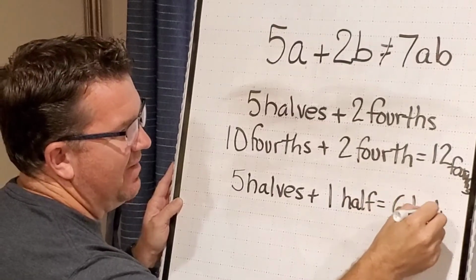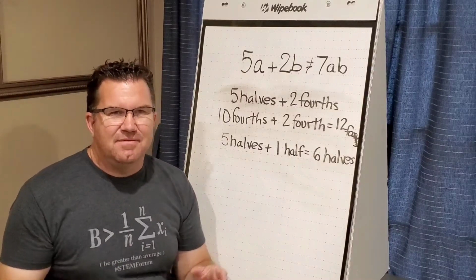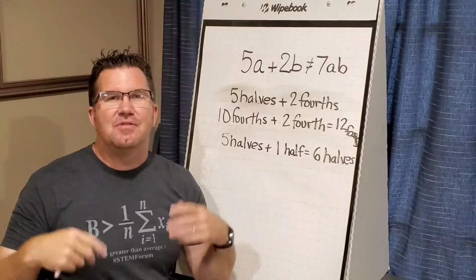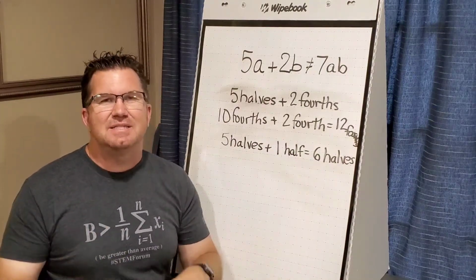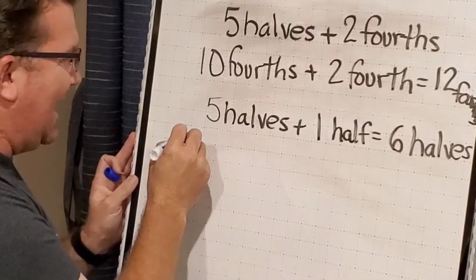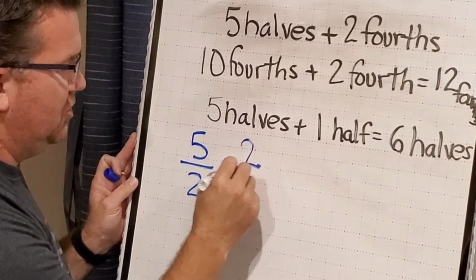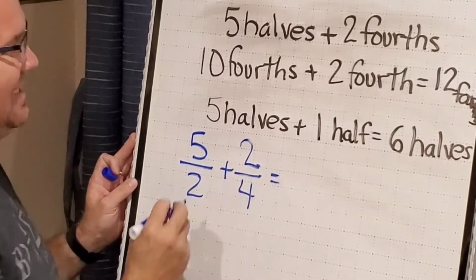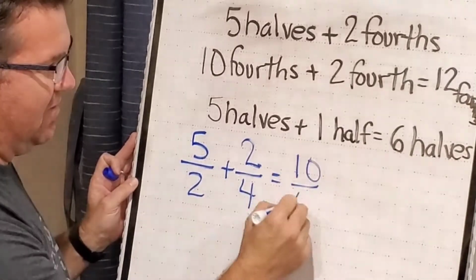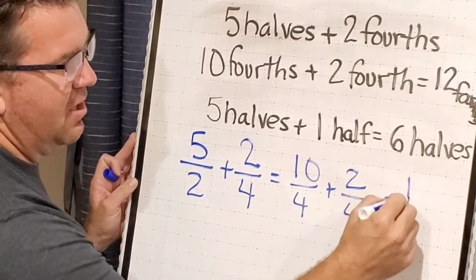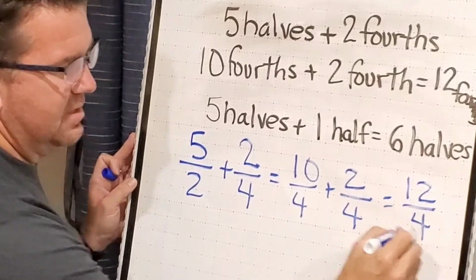Once I start to make sense out of this with words, then I can introduce the symbols and students can have a better understanding of fractions. I can see now that 5 halves plus 2 fourths is the same as 10 fourths plus 2 fourths, which is now 12 fourths.